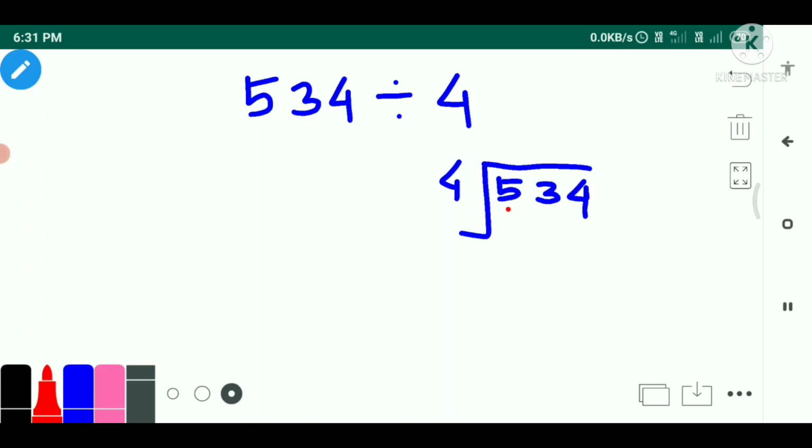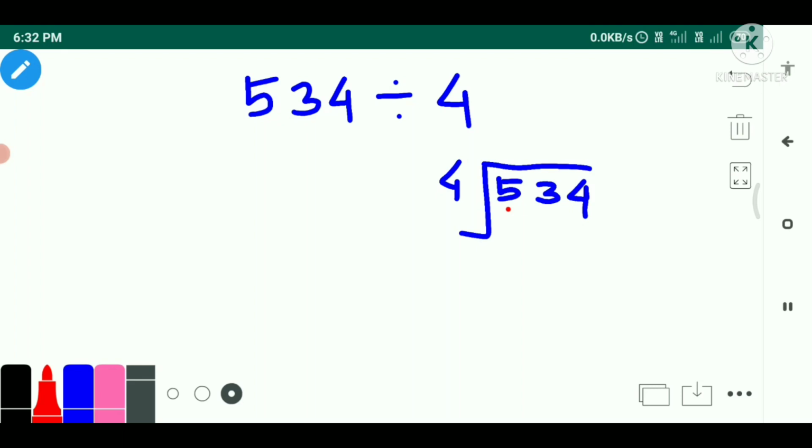Our divisor is smaller than 5, right? So now we'll take only 5. If our divisor is bigger than 5, then we'll take two numbers, right? But in this case 4 is smaller than 5.